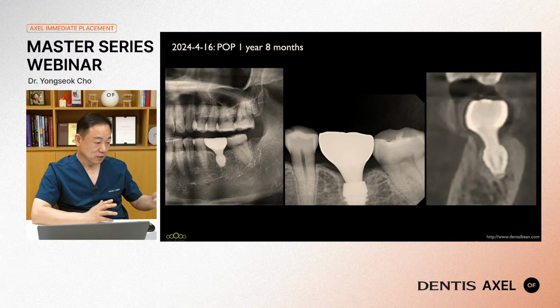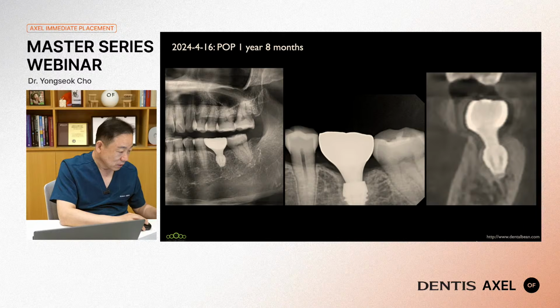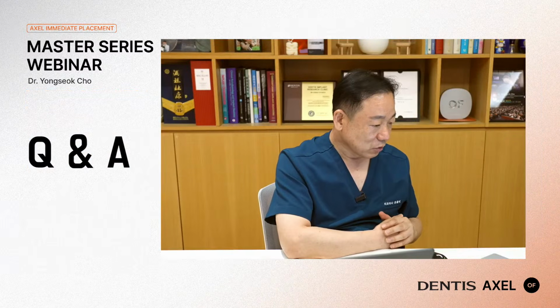And here are several questions from Koreans and foreigners. Okay, one dentist asked me he couldn't get primary stability in an early implant case. Maybe it is difficult to get primary stability in the early situation.